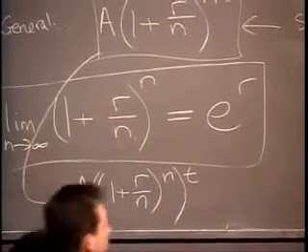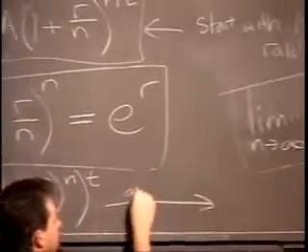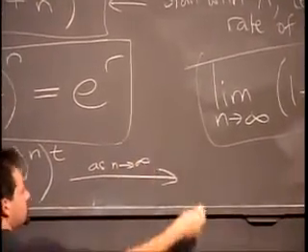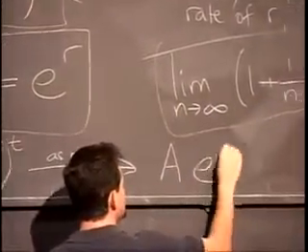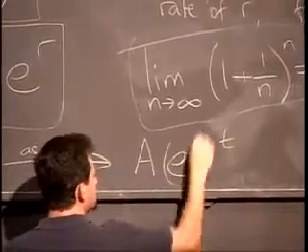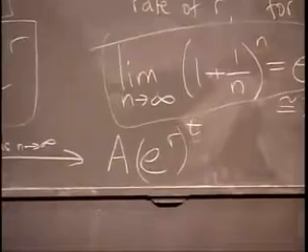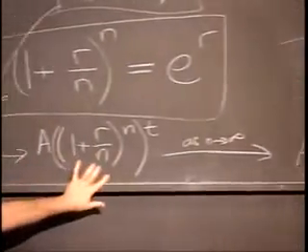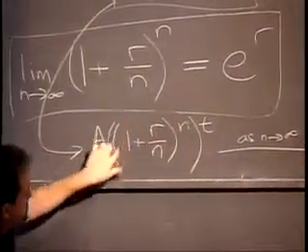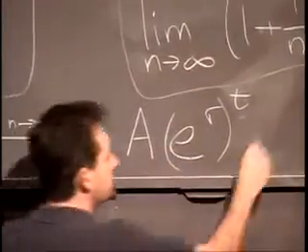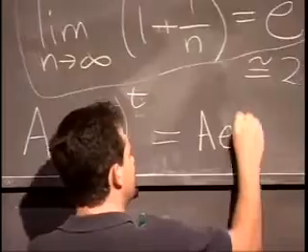This converges, as n goes to infinity, to A (e^r)^t. See, the stuff in the brackets goes to e to the r. So that's why we get this. And of course that is equal to A e^(rt).